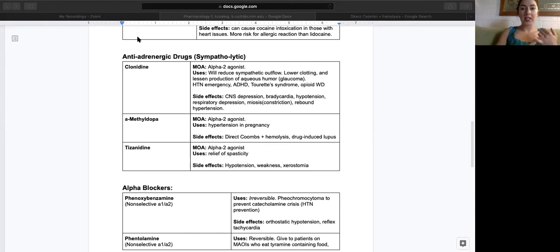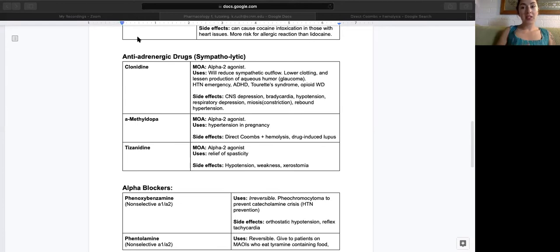They'll be agitated. They will be angry. They will be sweating. And using an alpha-2 agonist can reduce some of those symptoms in opioid withdrawal, okay?